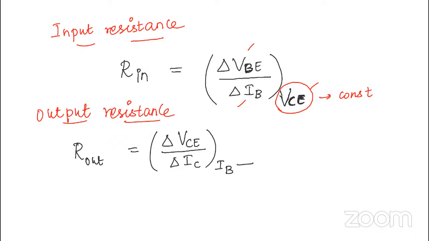Here IB is the constant. What will be the variable? The VCE, the collector emitter voltage.